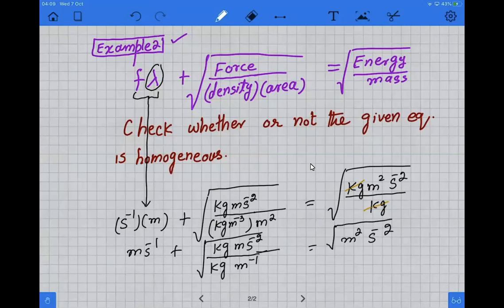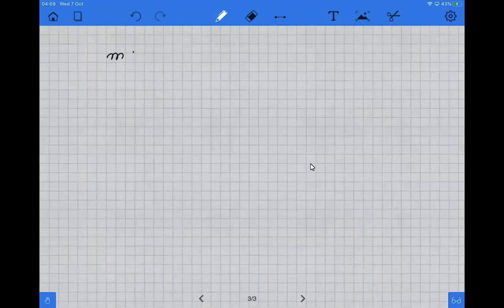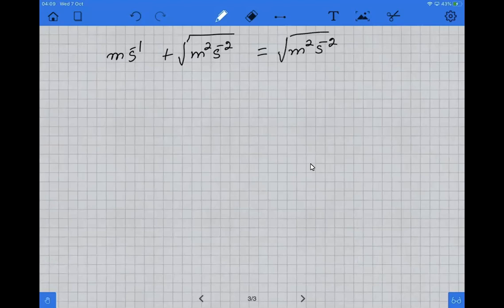Now on the left hand side, kilogram is cancelled out. It would be meter second minus 1 plus it would be meter power 1 plus 1 second power minus 2 under root and meter square second minus 2 under root. Now all the terms have same units. As you see, meter second minus 1 plus meter square second minus 2 under root, meter square second minus 2 under root.